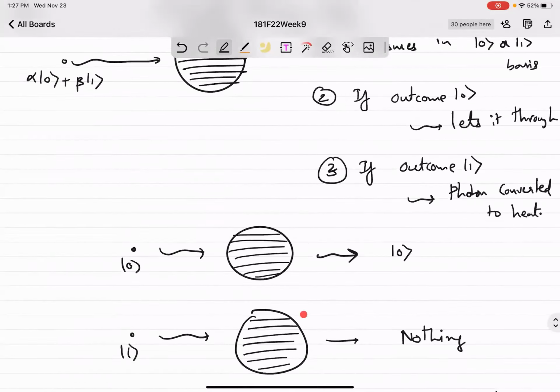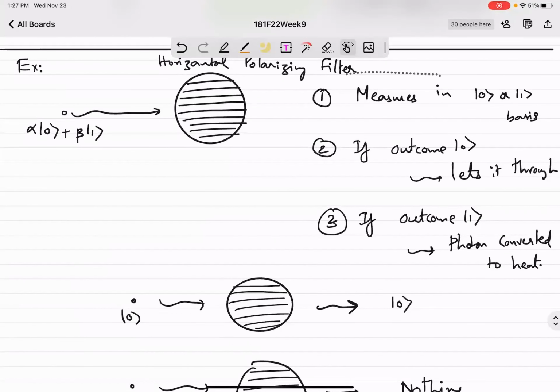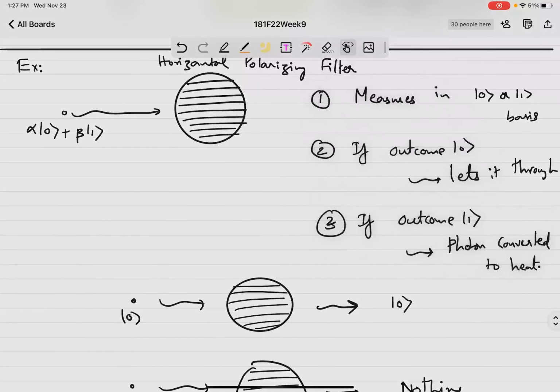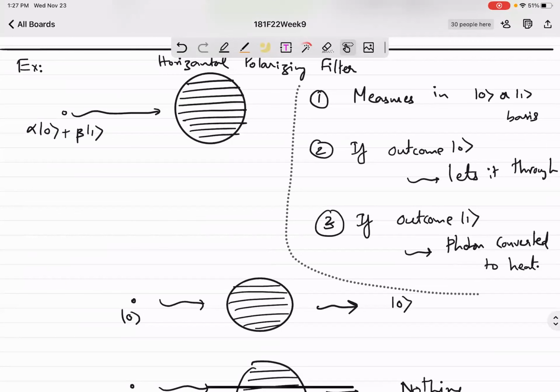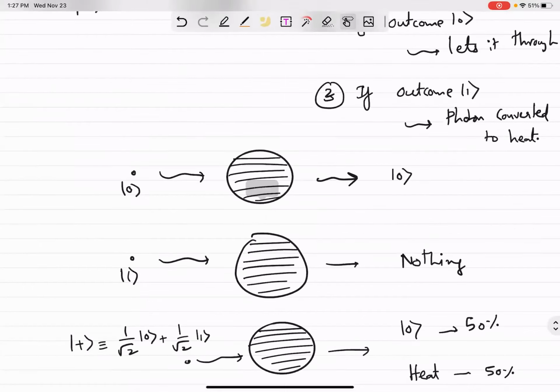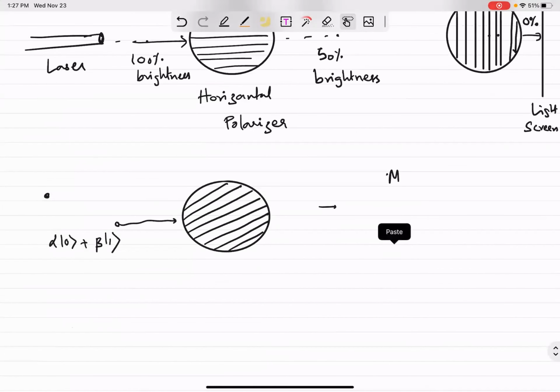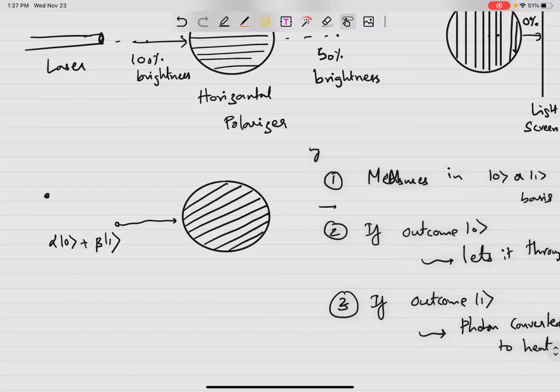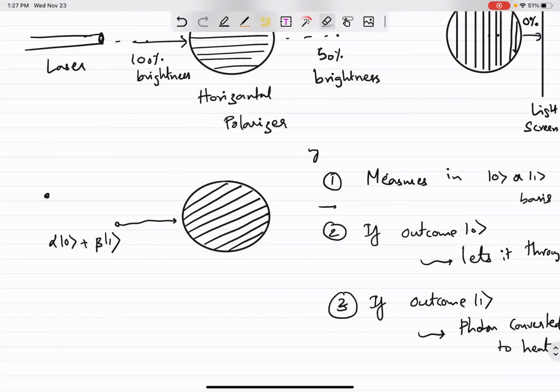Just as we said, it measures in the plus or minus basis. If the outcome is plus, it lets it through. If the outcome is minus, the photon is converted to heat.